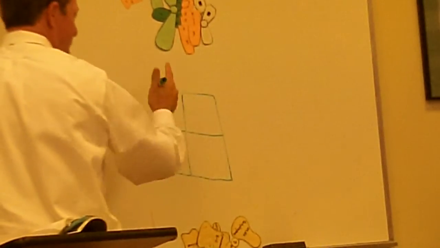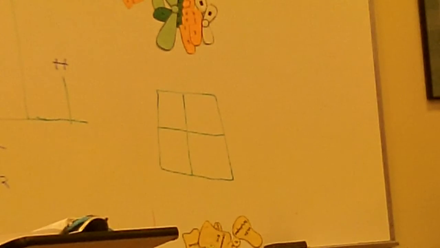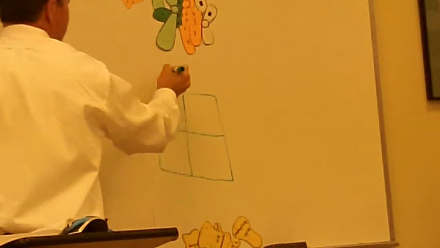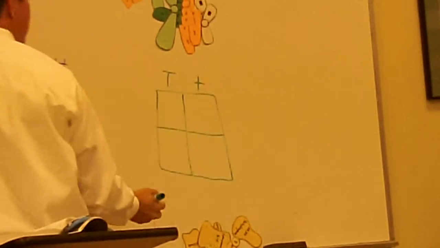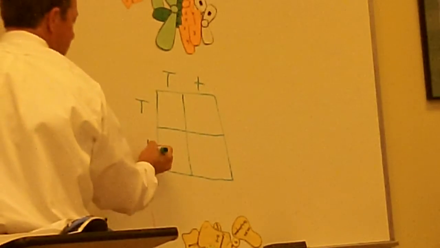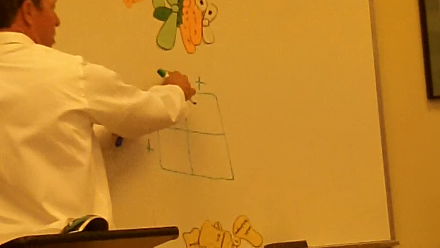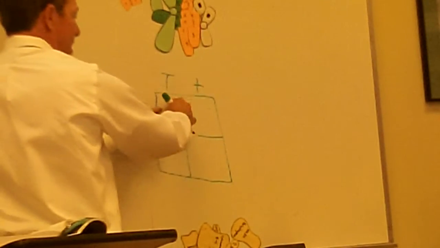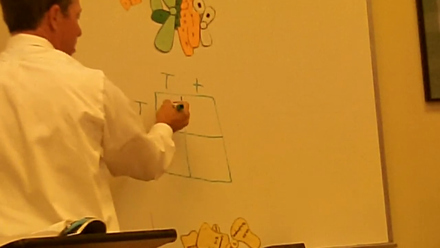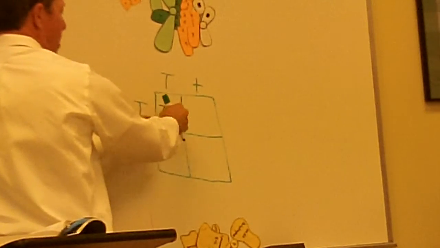Punnett said, let's make a square. If we're mating 2 of these, we'll take the alleles of one parent and put them on the top of the square. And we will take the alleles of the other parent and put them on the side of the square. And then we simply drag the 2 alleles to the intersection between them, to the square, and we write those alleles.